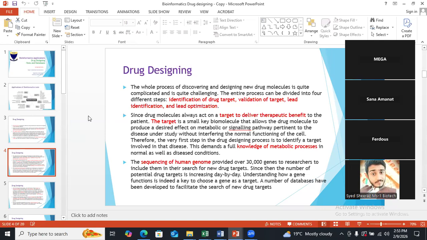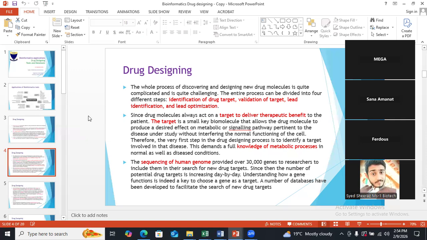Now, in order to study the lead molecules and identify the best possible lead molecules, we need to know the metabolic processes, because the metabolic processes are involved in the health and disease of the human body.